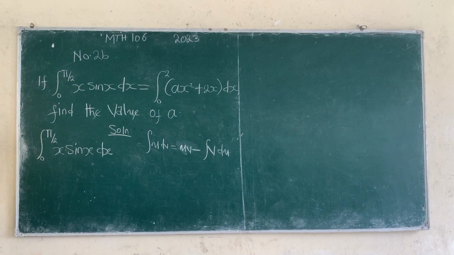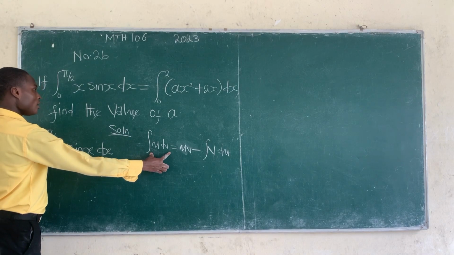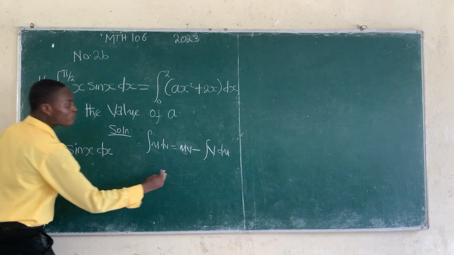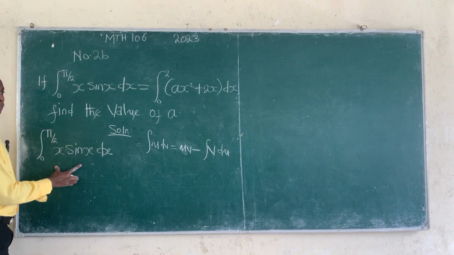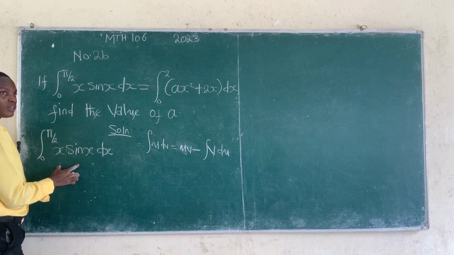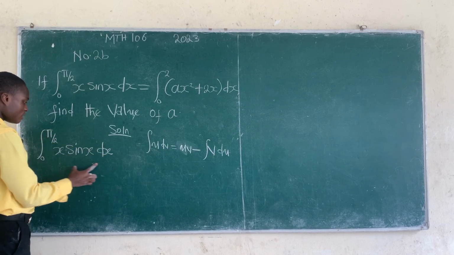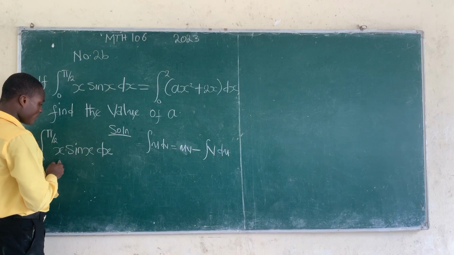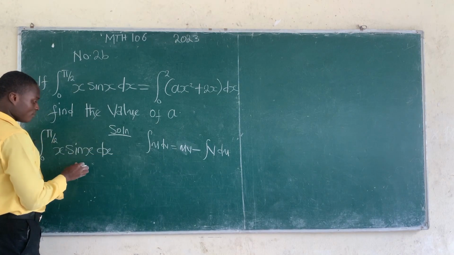So this is the integration by parts formula. The left hand side is what we have here. What we have on the right hand side is what we are going to find, and it is the solution to this given integral. But the left hand side here is this integral. Now the question is, what is our u from here and what is our dv from here?